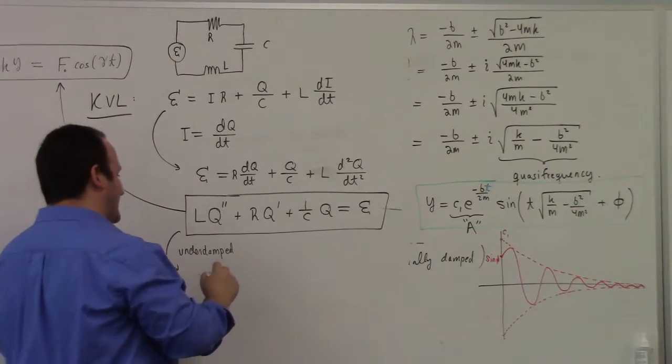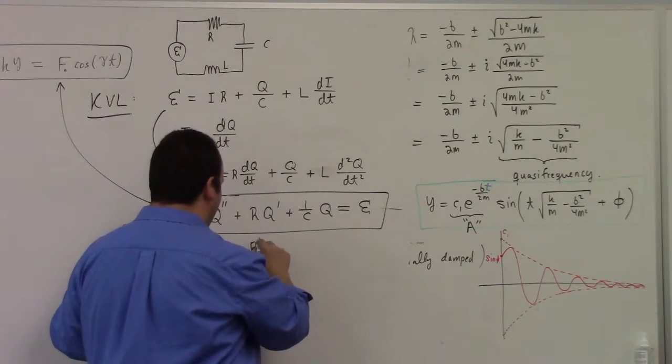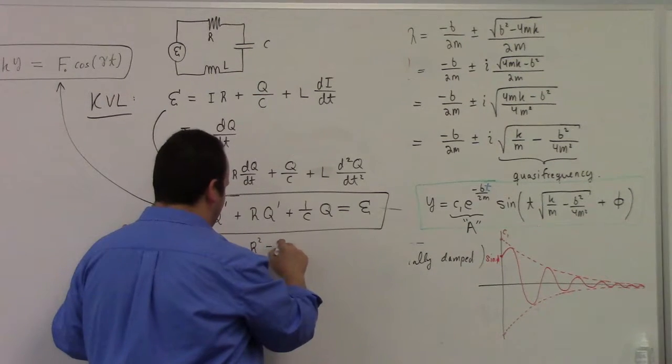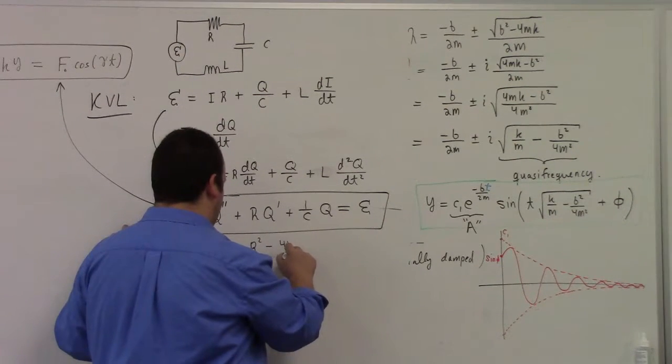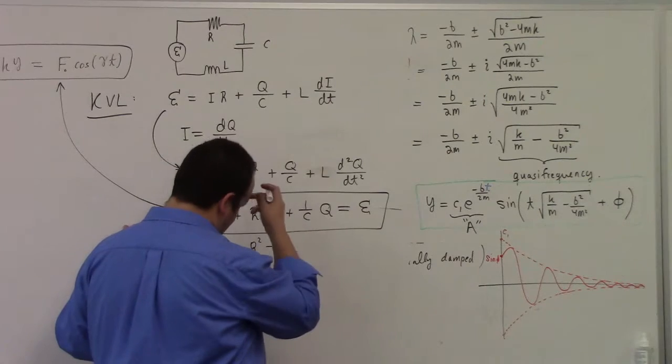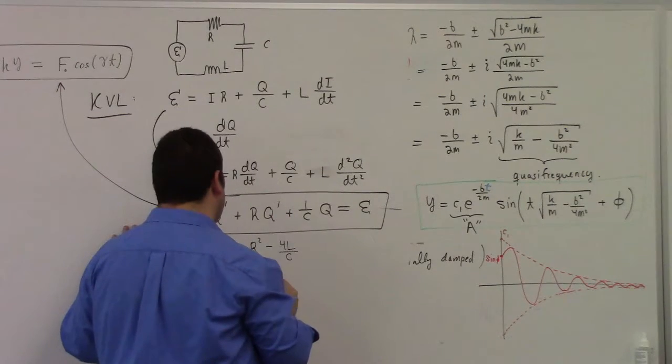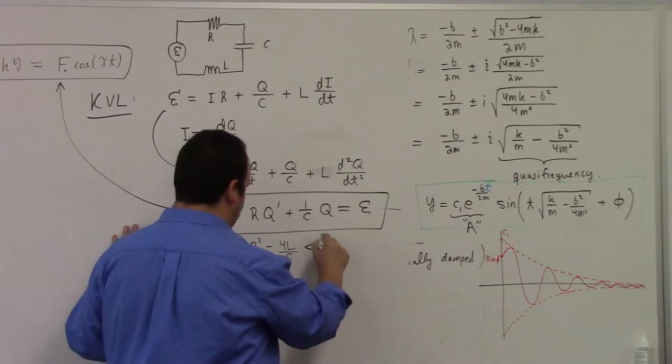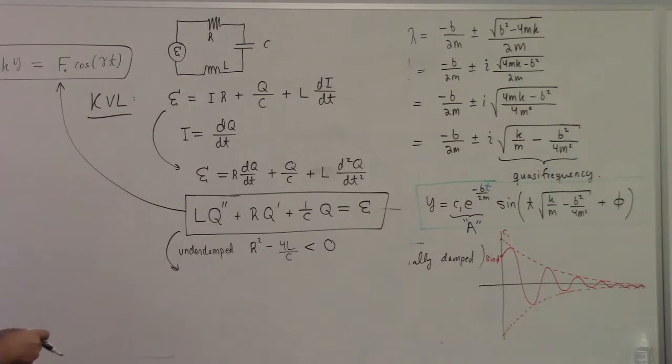So I want R squared minus 4L over C, right? Less than 0, I believe. That's the discriminant. So that would be the underdamped case.